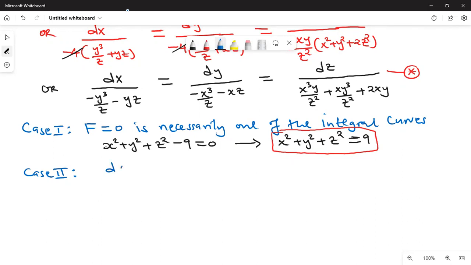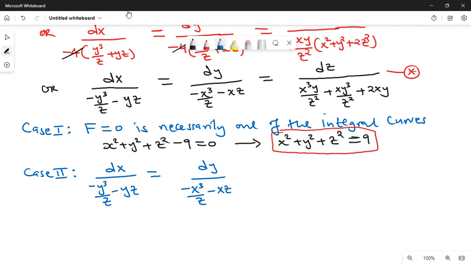We're going to say dx over (negative y cubed over z minus yz) should be equal to dy over (negative x cubed over z minus xz).